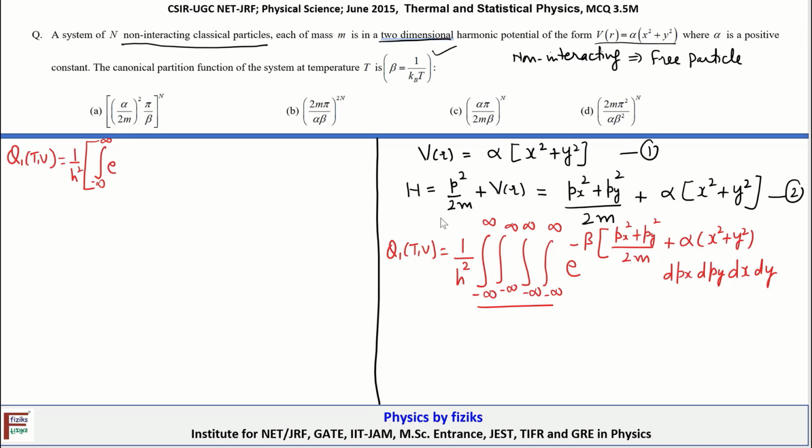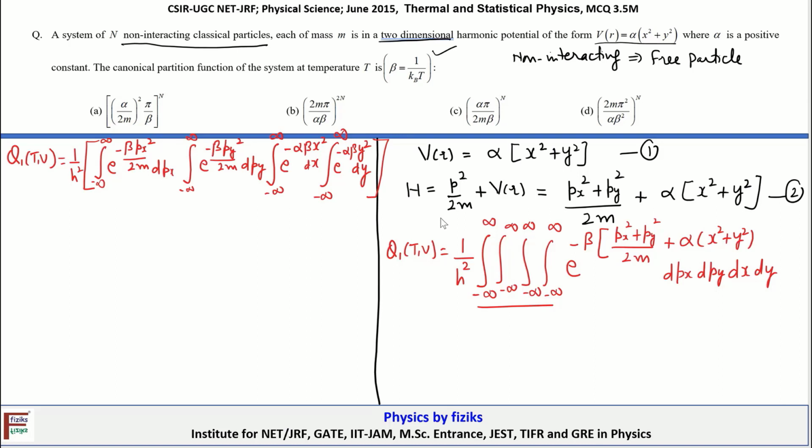The first term is exponential minus beta px square upon 2m dpx, the second integral is exponential minus beta py square upon 2m dpy, then exponential minus alpha beta x square dx, and exponential minus alpha beta y square dy. These are the four integrals that we are supposed to solve.